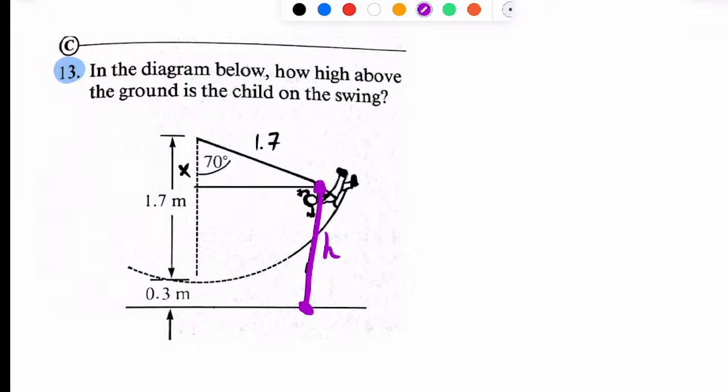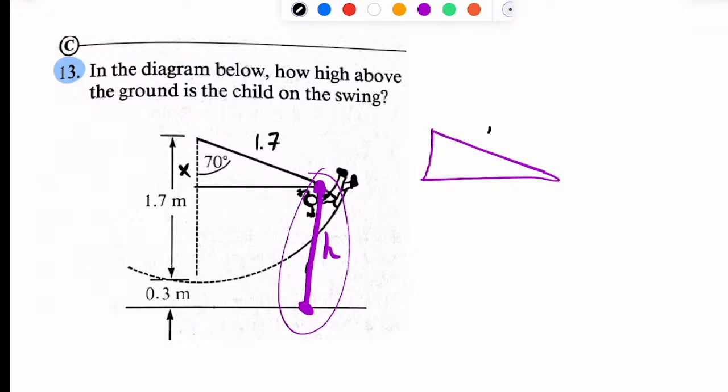To find that, you want to find this length here, because if I can find this length here, I know the length from here to here is 1.7 and here to here is 0.3. So I know the length from here right to the bottom is exactly 2 meters. So if I can find this length here, I can just subtract it from the 2 and I'll have the length in purple that we're looking at. So that's what we're going to do: I'm going to find that length first.